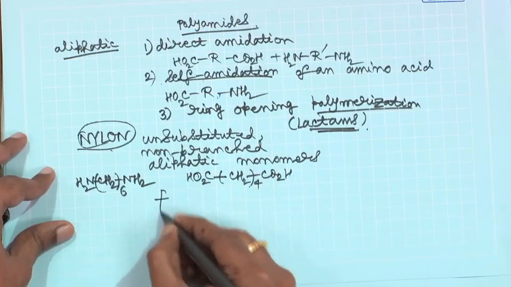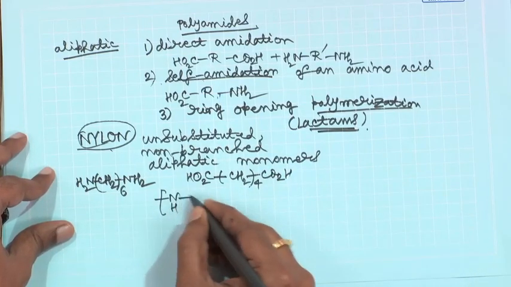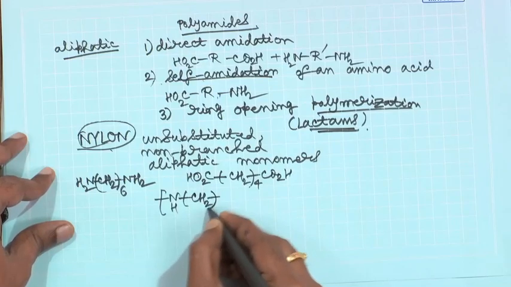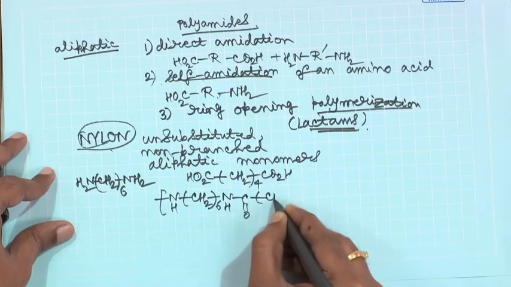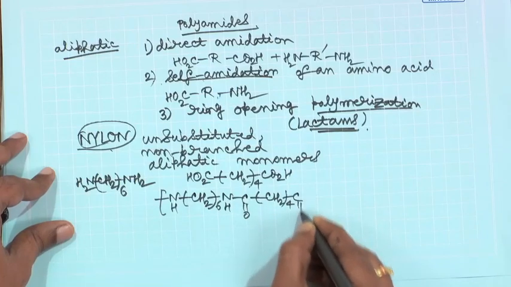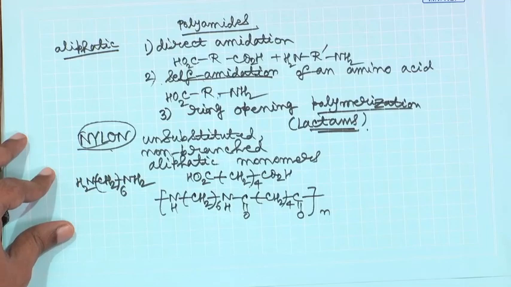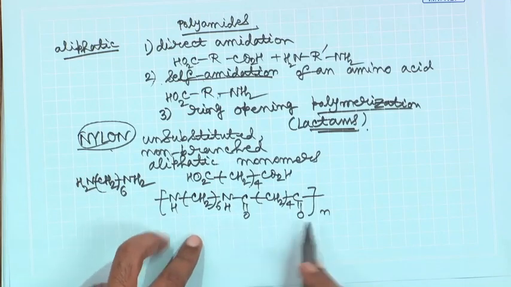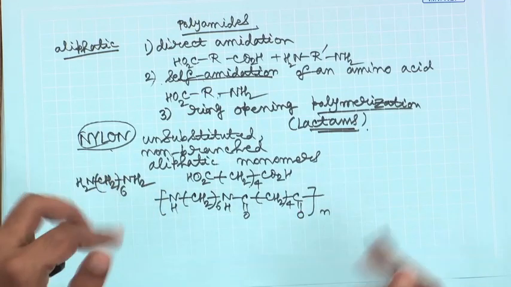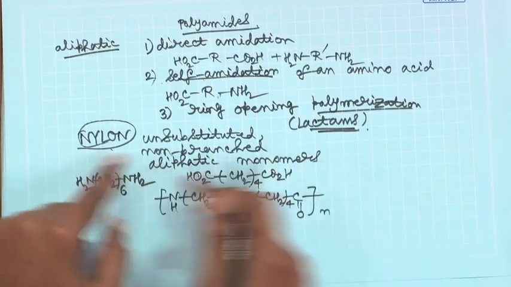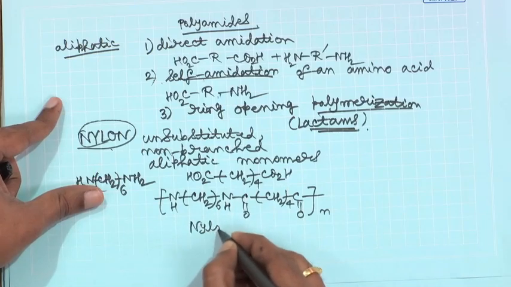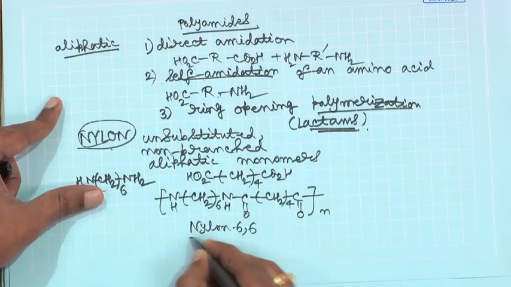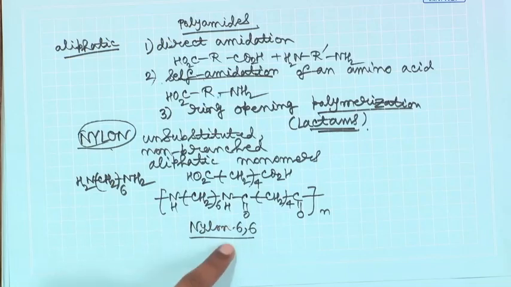The polyamide that you produce has a repeating unit like this. Okay. Now, this particular nylon that you have produced is a nylon because these are aliphatic monomers that you are using. This nylon is termed as nylon 6,6. This is nylon 6,6.